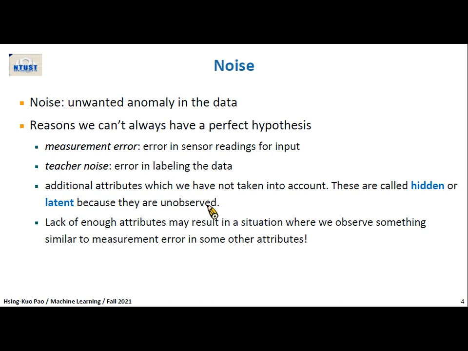So in this situation, we cannot easily predict everything perfectly. It's not what we call noise, but it turns out to be like noise. You got that?